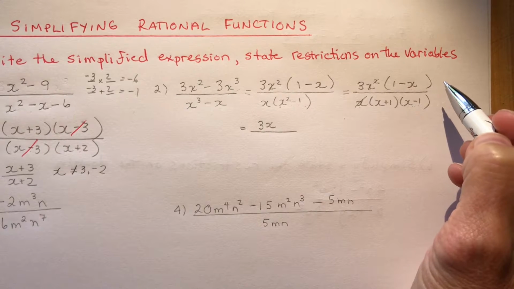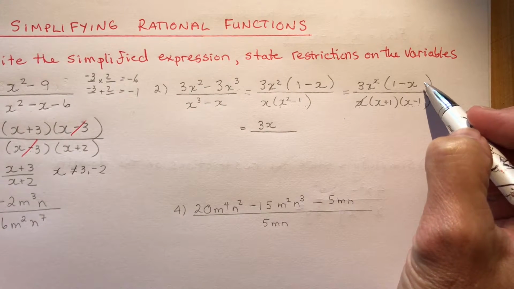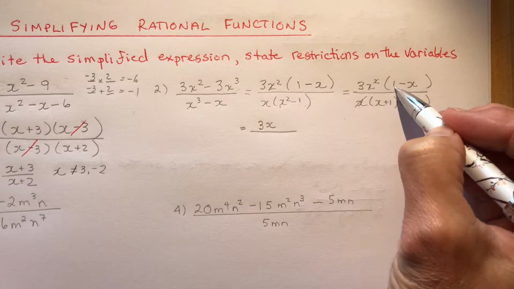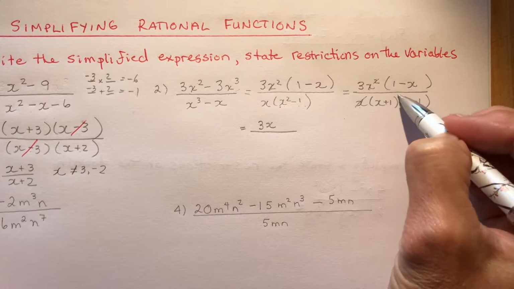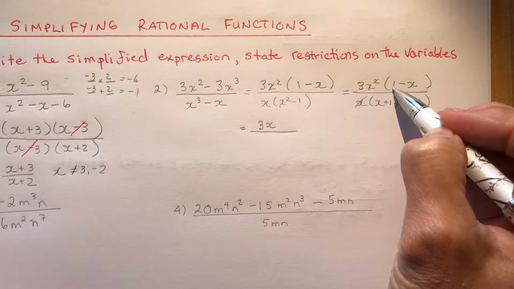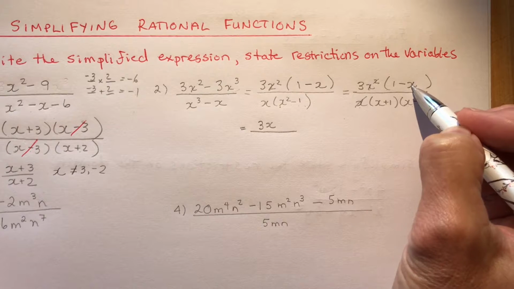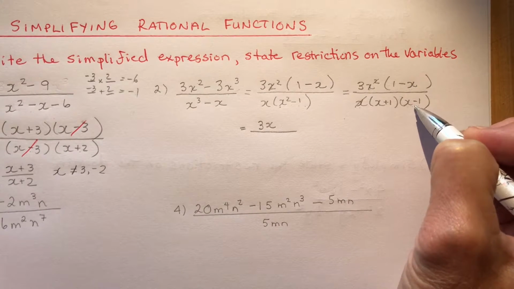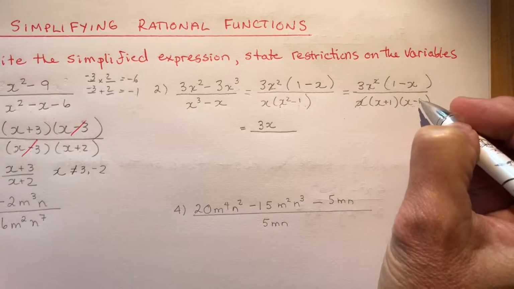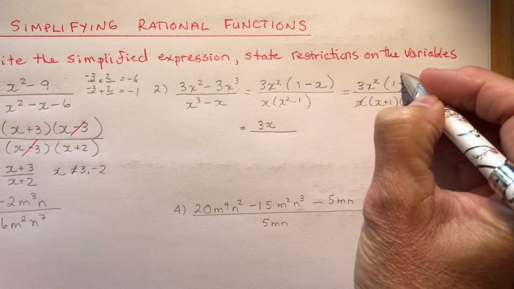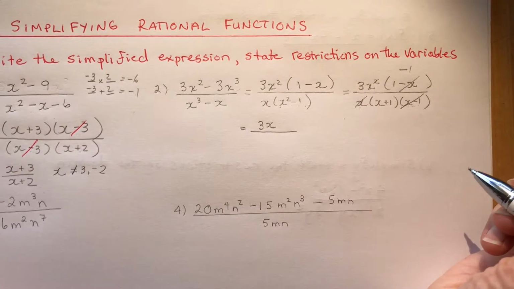Or the other way of looking at it is, let's say I take out a negative 1 out of this. Just factor a minus out of it. That would give me negative 1 plus x, which is the same as x minus 1. So this goes into this one, negative 1 times.